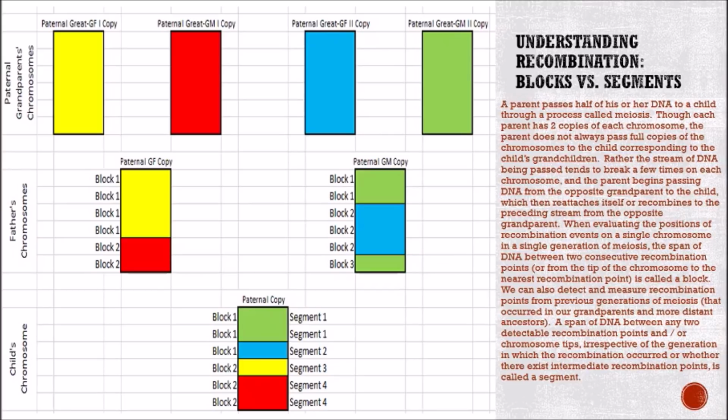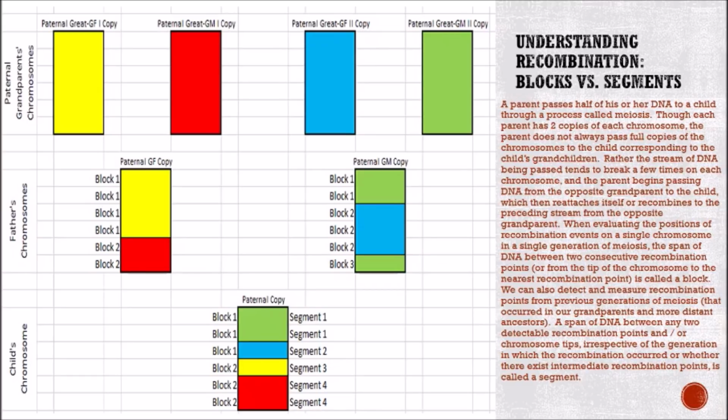So she's passed down some of her maternal DNA for a while in block one, and then she switched, or recombined, and passed some of her dad's DNA down to the father, and that's the blue, and that's block two, and then she switched again and went back to passing down some of her mother's DNA. So still, everything's either yellow or red or blue and green. There are no mixtures. There are absolute points where this happened along the chromosome.